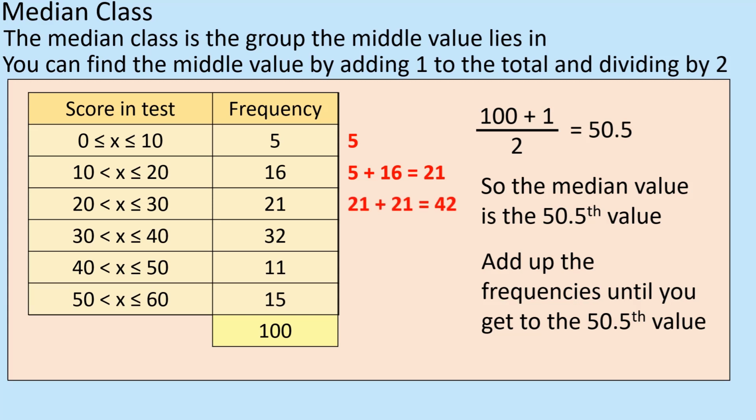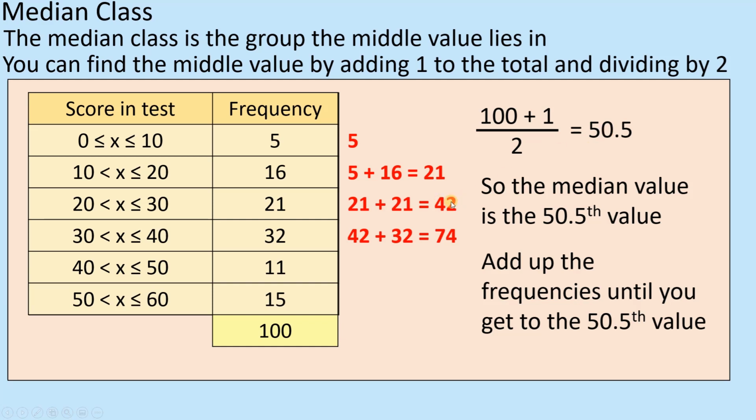When I go to the next one, if I add another 21, between 0 and 30 I've got 42. So I'm up to 42 numbers at this point, if we're writing them all in order. Then between 30 and 40, that takes me up to 74. So I've reached the 50th and a half, I've kind of surpassed it.